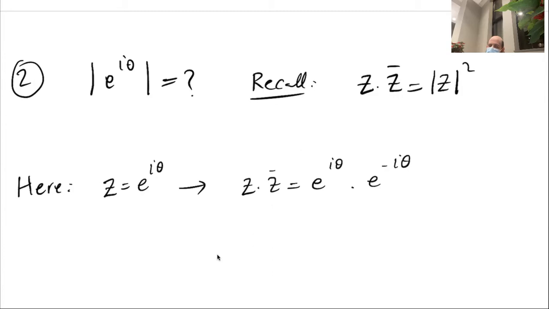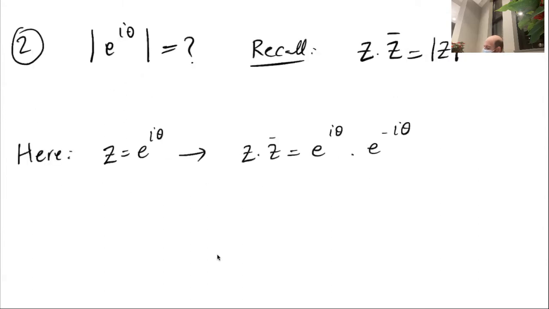Remember, to find conjugate of a complex number, we just need to simply replace i with minus i. Then we get e to power i theta times e to power minus i theta, and this is e to power i theta minus i theta, and that's e to power 0, which is 1.